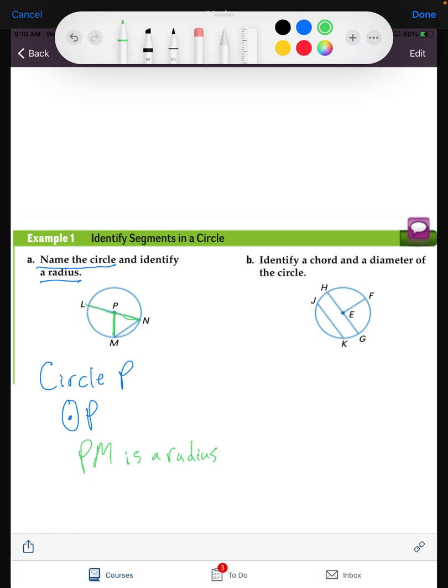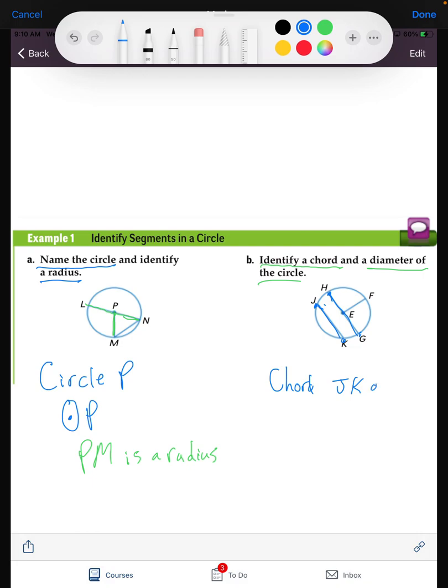Next one, B, says identify a chord and a diameter of the circle. So we can see here, remember a chord has endpoints that are on the circle, so J and K, or H and G. So JK or HG would both be a chord.